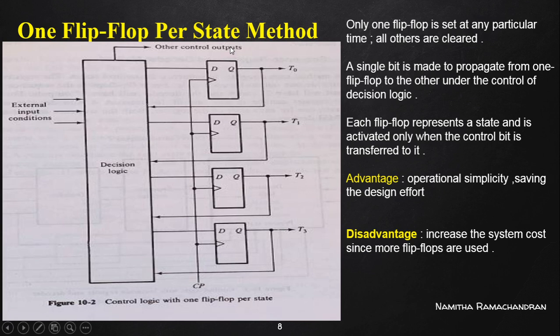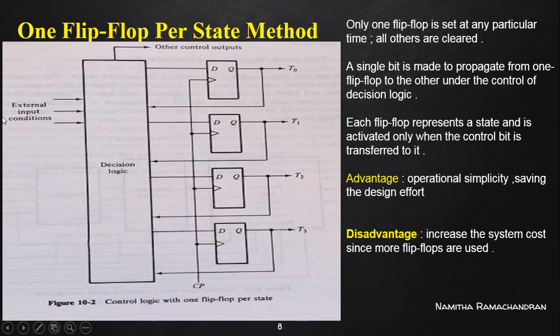Okay, so each flip-flop represents a state and is activated only when the control bit is transferred to it. Suppose this decision logic wants to activate state T1 now. So the decision logic wants to enable this particular flip-flop.